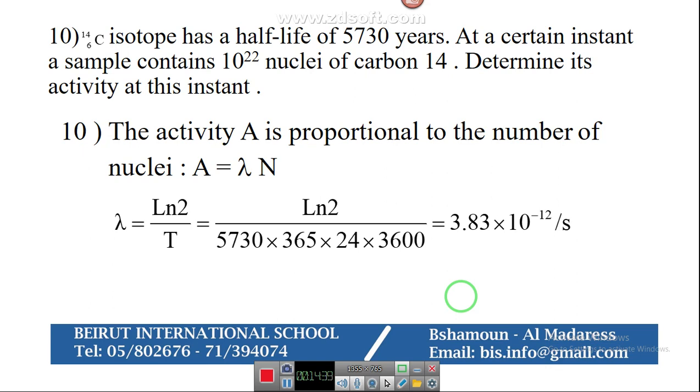This means that the decay constant equals 3.83 times 10 to the power minus 12.